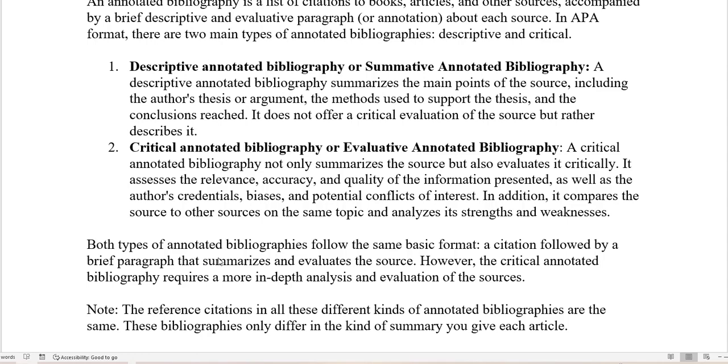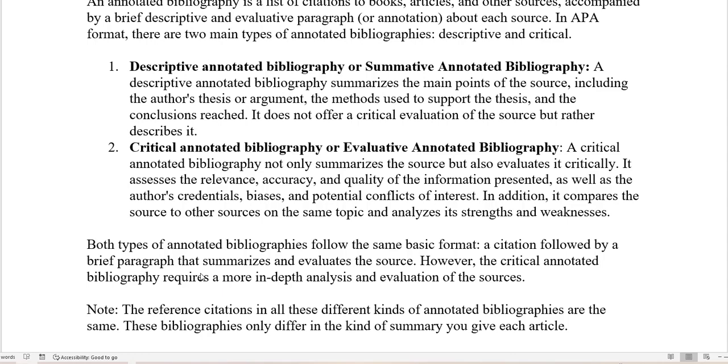However, both types of annotated bibliographies, and for this class you're mainly going to be doing the descriptive one, because you're in the first 2 years of college, so most of your annotated bibliography will be kind of like a book report. And then later, when you get to be more expert, then you do the evaluative.